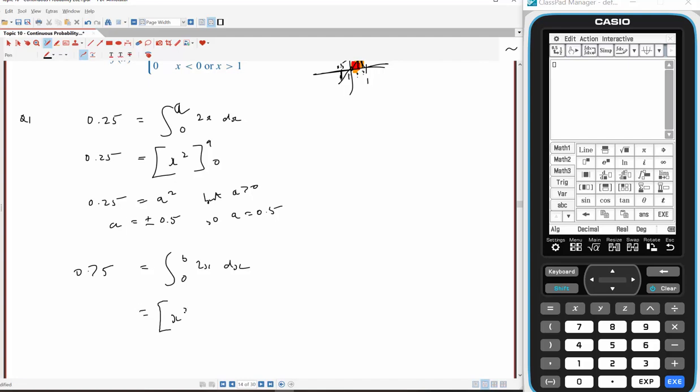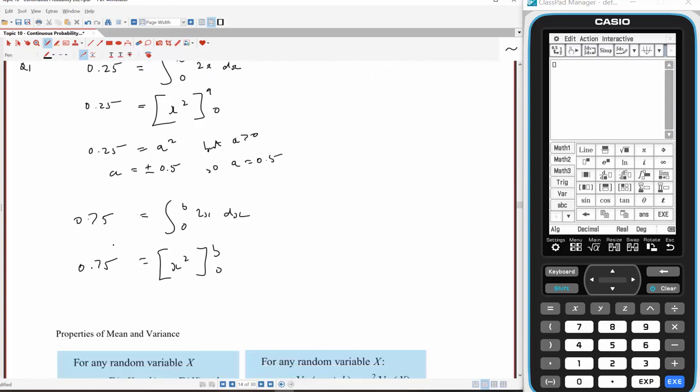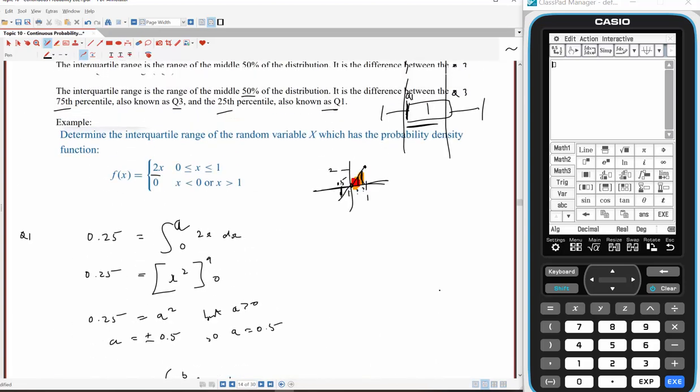Okay, x squared from 0 to B. So much easier to flick this one to a fraction. Probably would have been easier with this one as well. So B is root 3 on 2, which is, what's root 3? 1.7, 0.8 or something like that. Okay, so that seems to make sense.